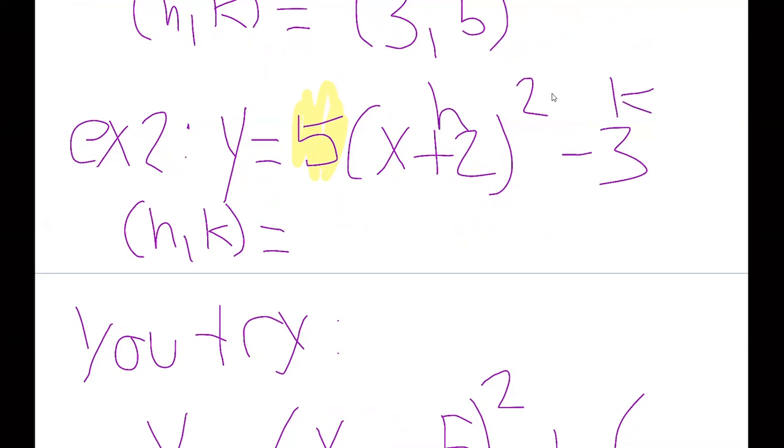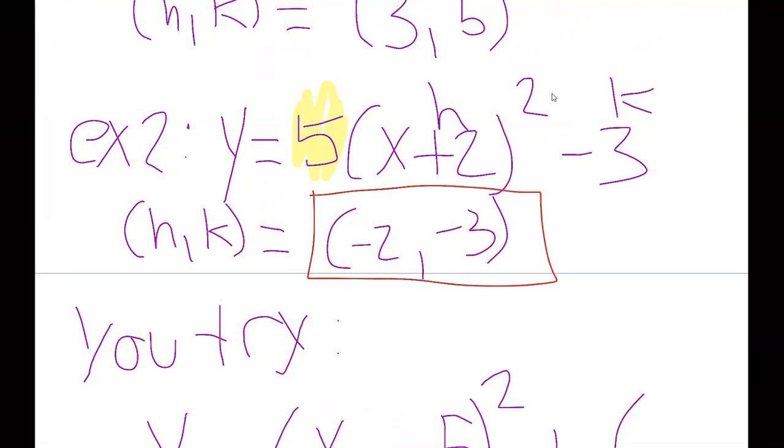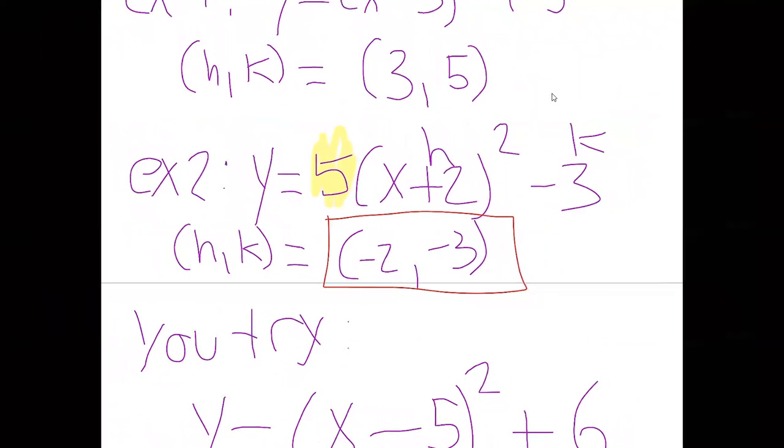The k is our number added or subtracted at the end of our equation. So my h, since it's a plus 2, is going to be a negative 2. And then my k value would be negative 3. And just to be clear, my answer would just be this point, negative 2 comma negative 3. You don't have to write that h comma k. My answer is just this point for these questions so far.